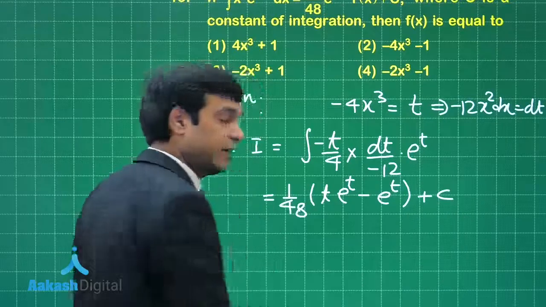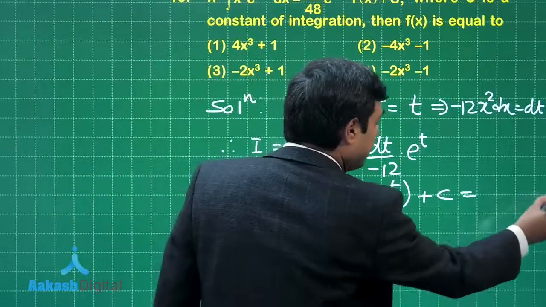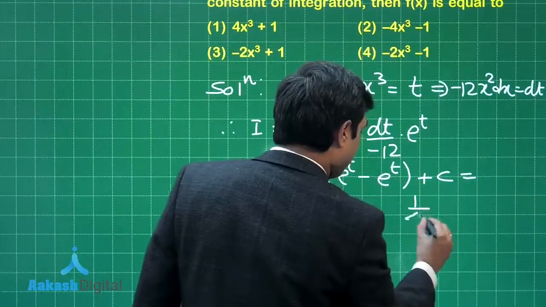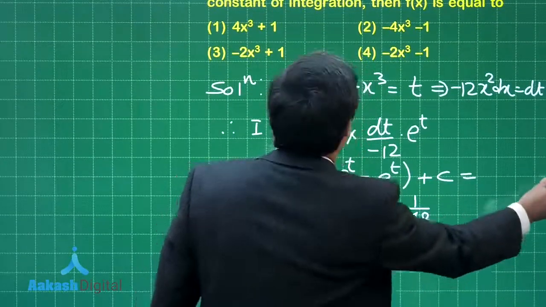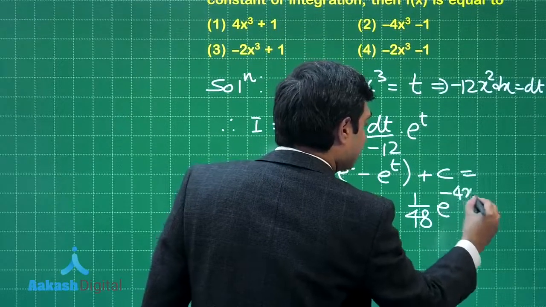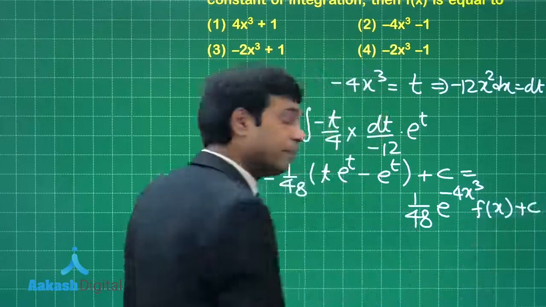When you look at the given form, it is 1 by 48 multiplied with e to the power minus 4x cube f(x) plus constant of integration.